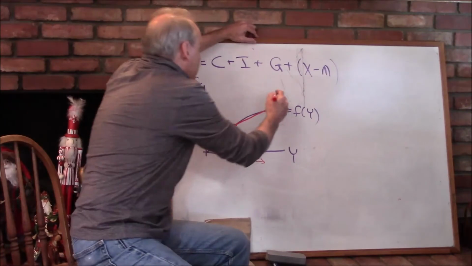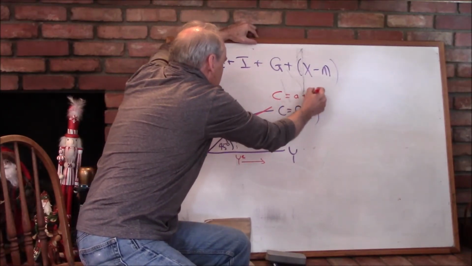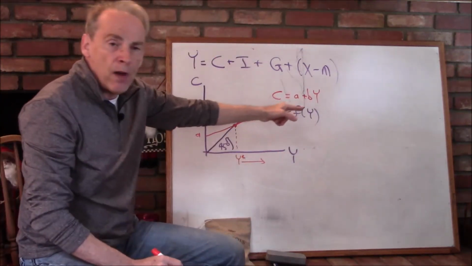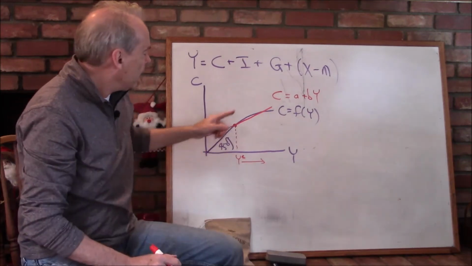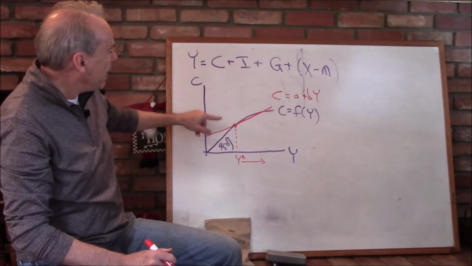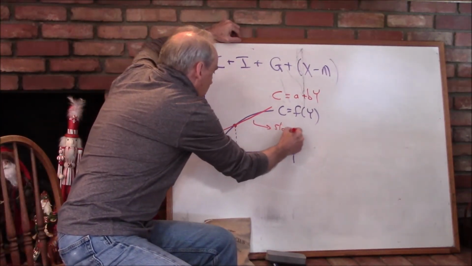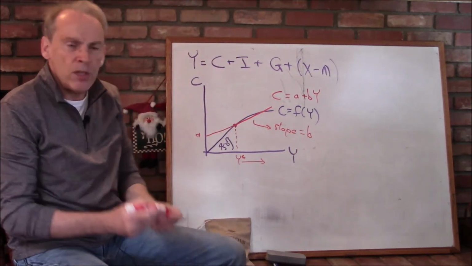And the red line has a different equation. C equals A plus B times Y. That's a very specific equation. It's still C is a function of Y, but now it's a very specific function of Y. It says that consumption is equal to A plus B, which is the slope of the red line, times Y. Let me show you that.